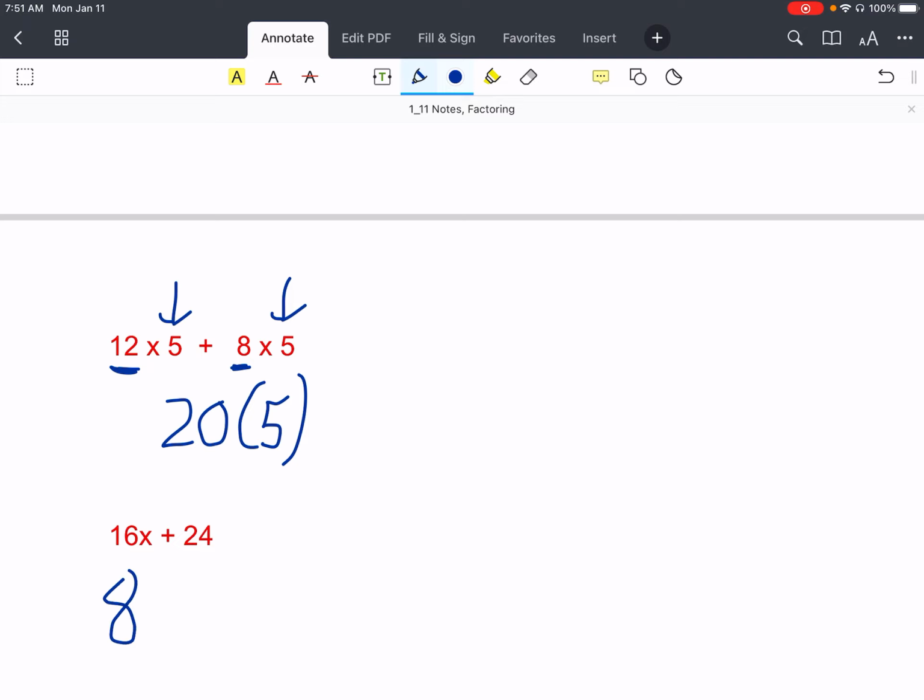So I am dividing both 16x and 24 by 8. So 16x divided by 8 is 2x, and 24 divided by 8 is 3. So instead of saying we have 16x plus 24, we can write that as 8 groups of 2x plus 3, because that is the most simplified factored form.